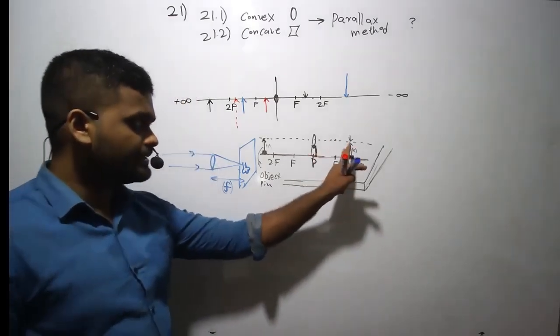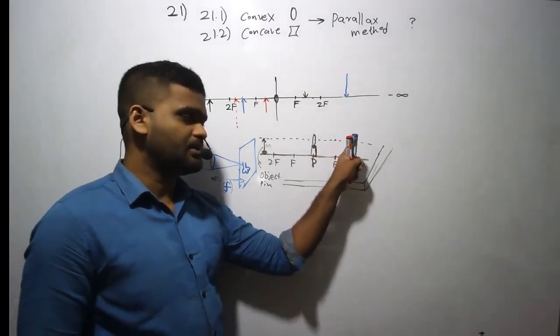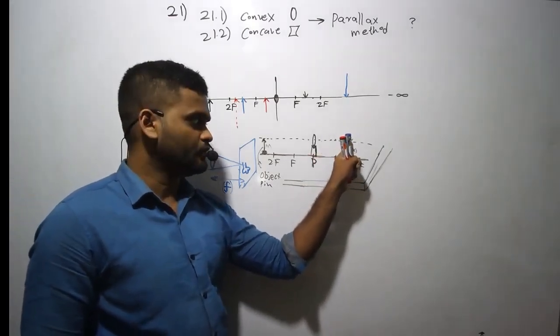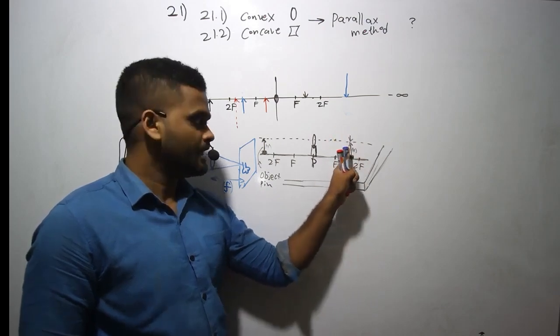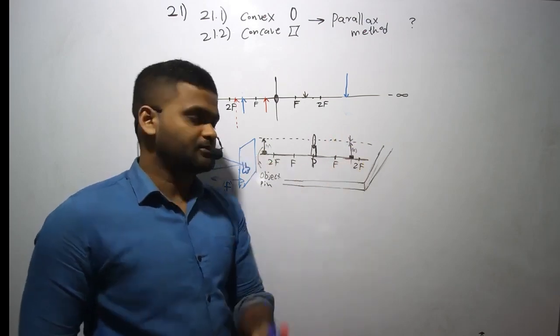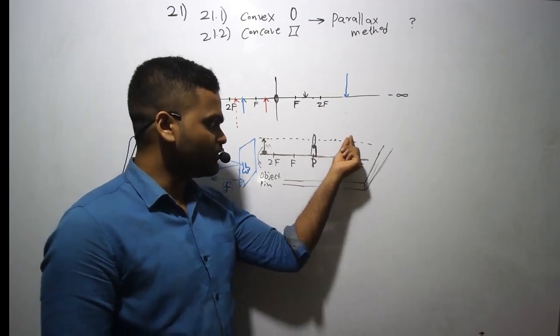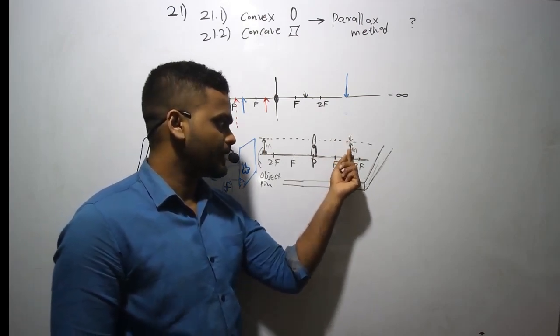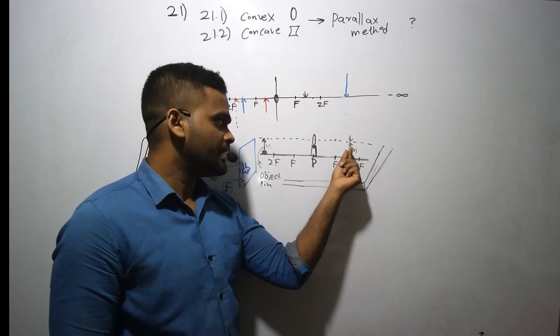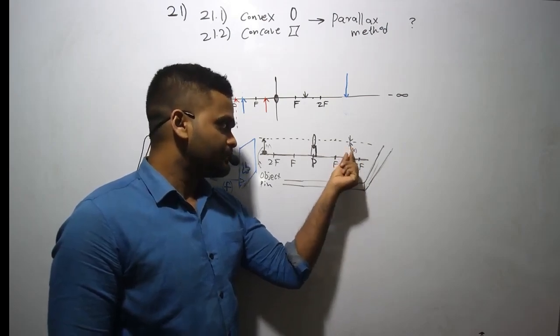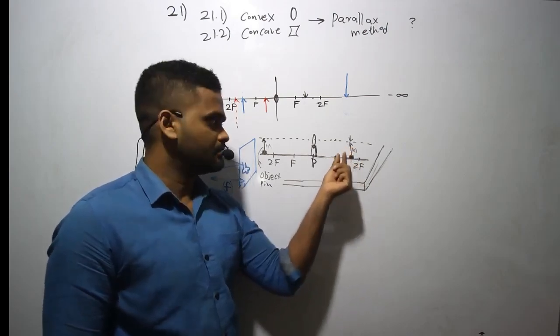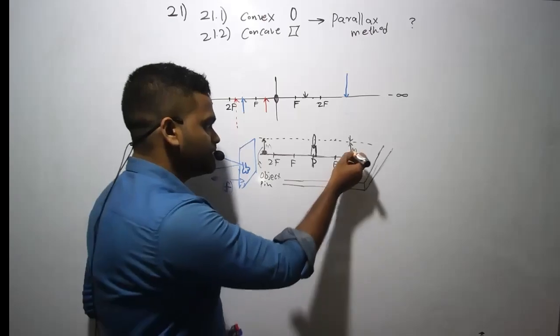To position that exactly, you don't see the image like this, but using the no-parallax method, you can find the position of this image by positioning this pin, called the observing pin.